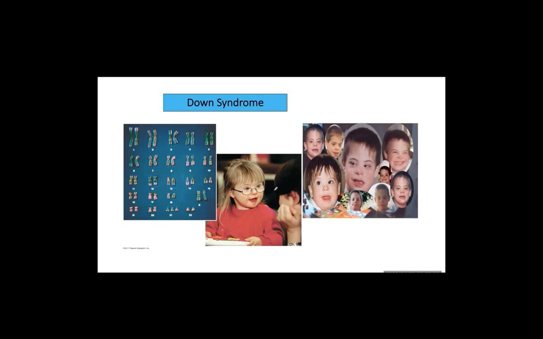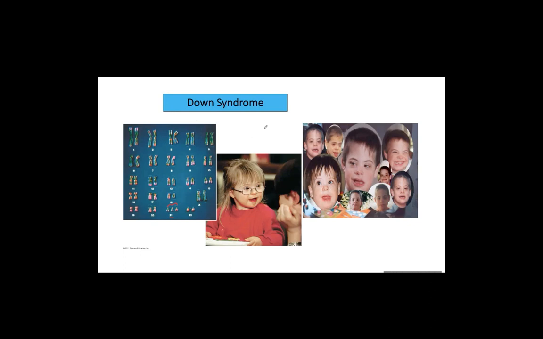Look at this karyotype. Can you see chromosome number 21? Each chromosome number has 2 chromosomes, as a homologous pair. But chromosome 21 has 3 chromosomes, not 2. This one extra copy of chromosome 21 makes people have Down syndrome.